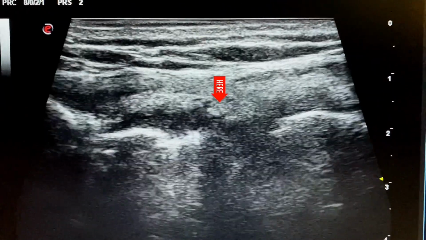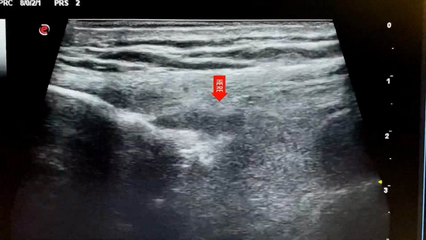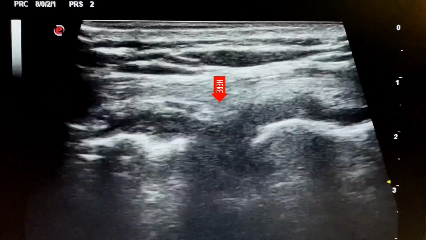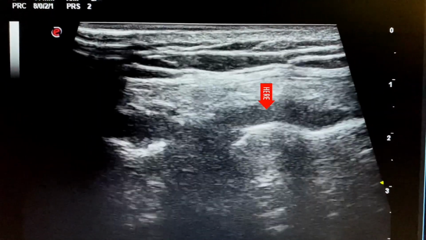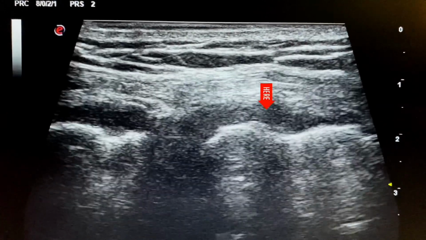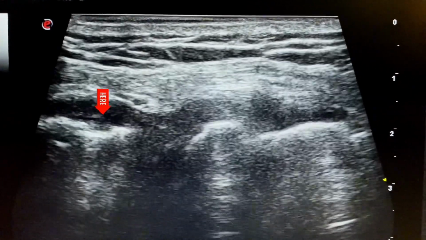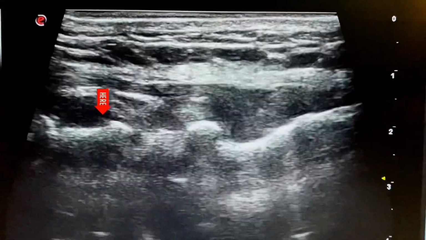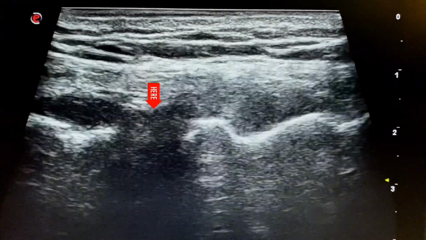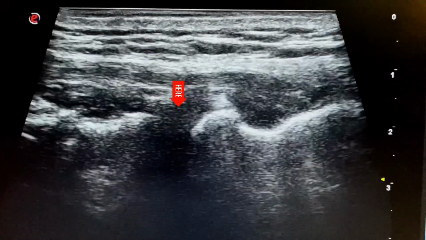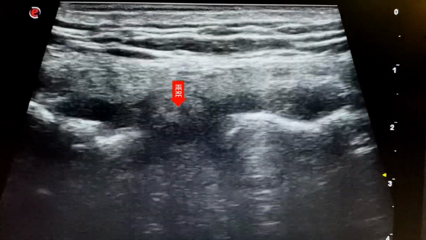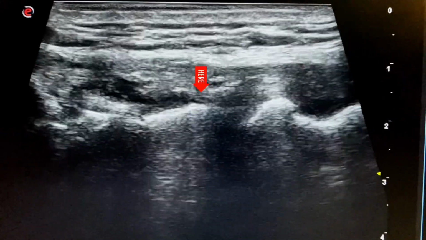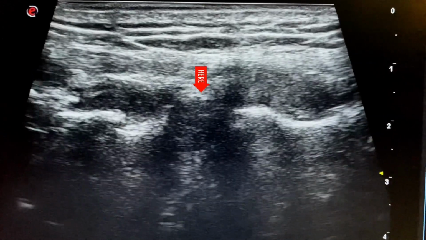Now when we flex the knee joint, here we see the head of the femur and head of the tibial bone, and there is a hypoechoic or ill-defined area on the lateral side of the knee joint and joint effusion is present.